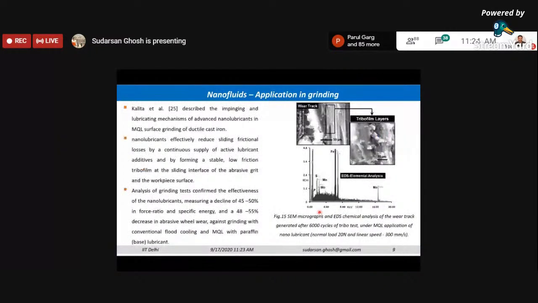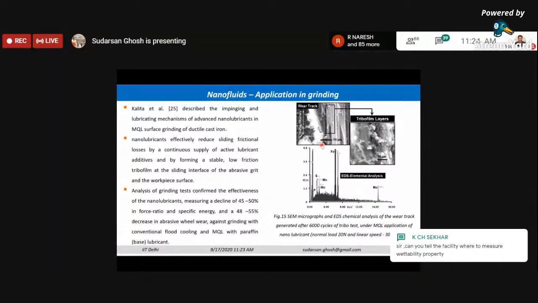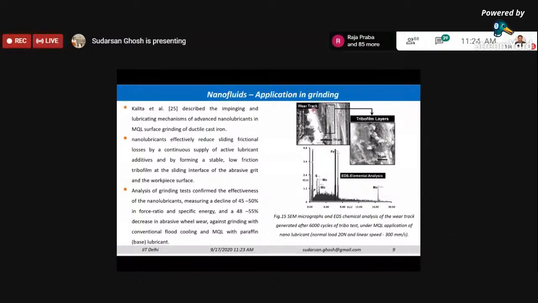Not only that, in some cases, researchers have used molybdenum disulfide in their pin-on-disc wear experiments. In between the pin and the disc, they put these molybdenum disulfide nanoparticles. They observed that the molybdenum disulfide resulted in the formation of some tribofilm layers, consisting of molybdenum oxides.